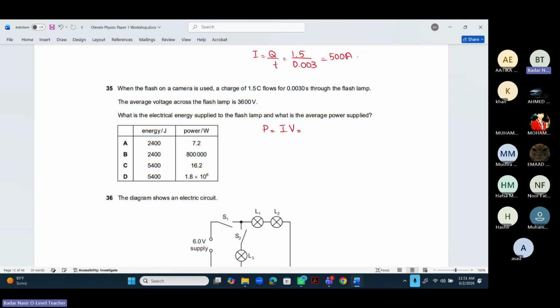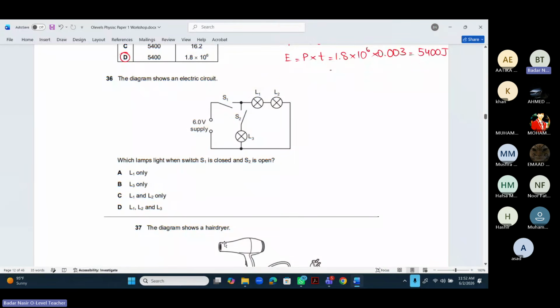Power formula: P equals IV, 500 times 3600. So 500 times 3600 gives 1.8 times 10 to the power of 6 watts. So this is the power, and the formula for power is energy over time, so energy is power times time. So multiply this power by 0.003, and we get 5400. So the answer for this is D.